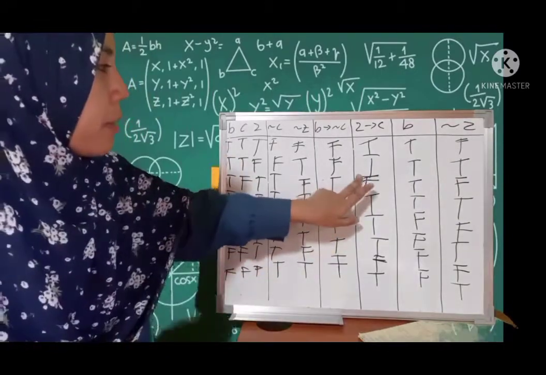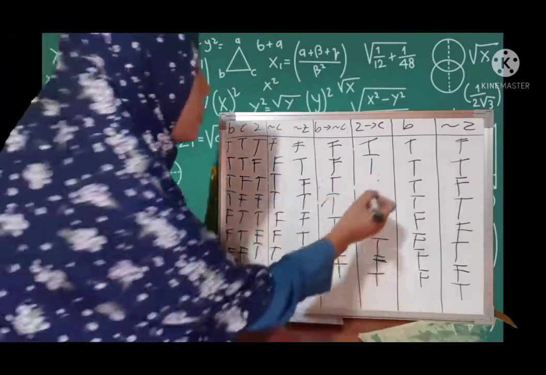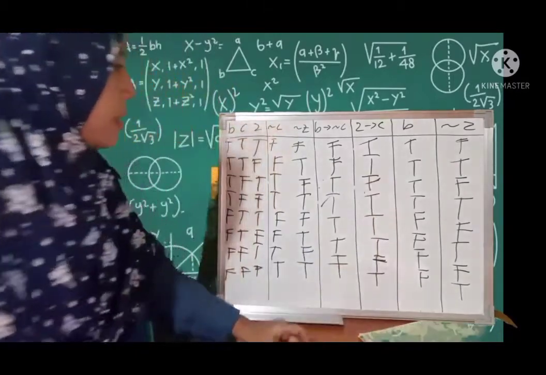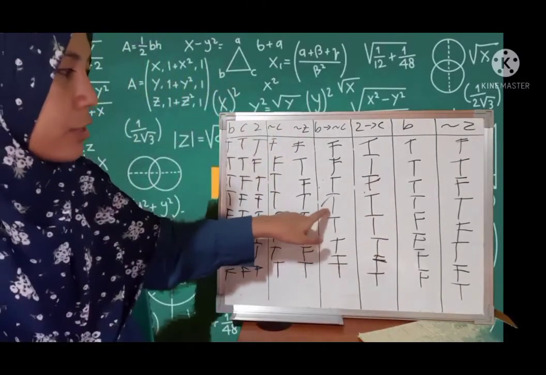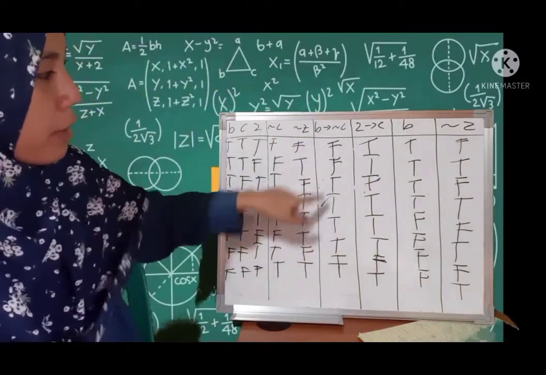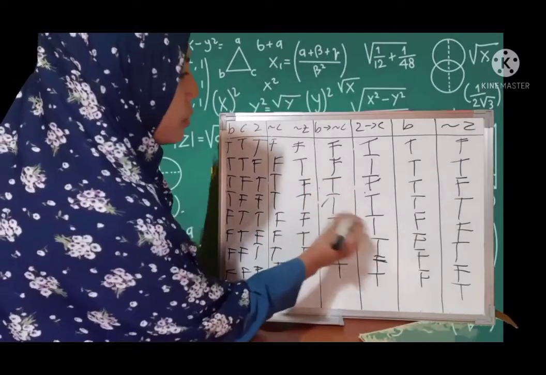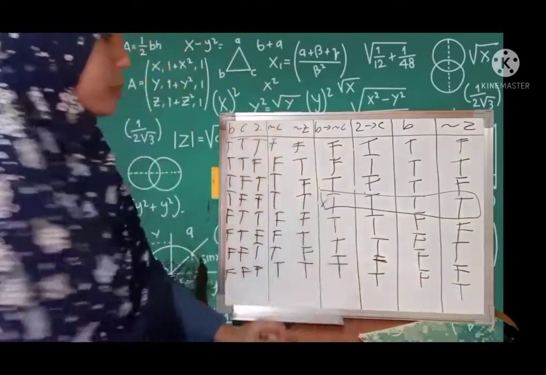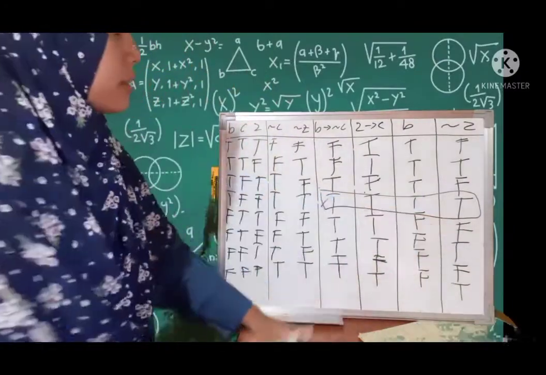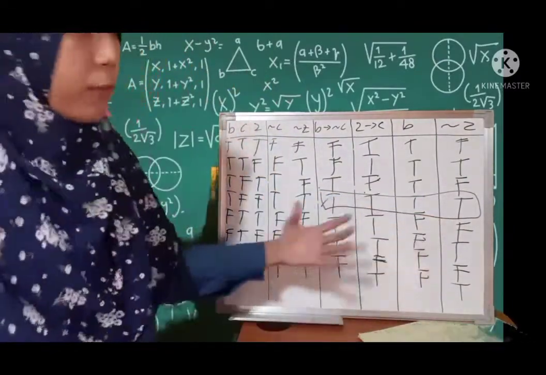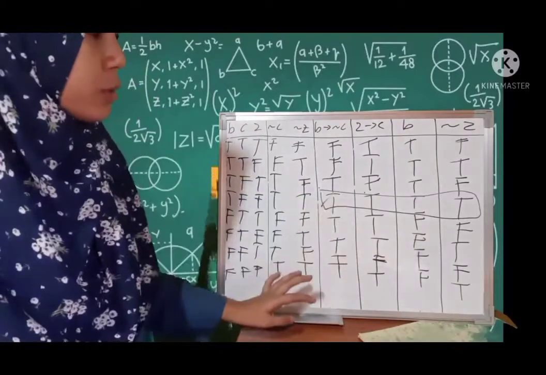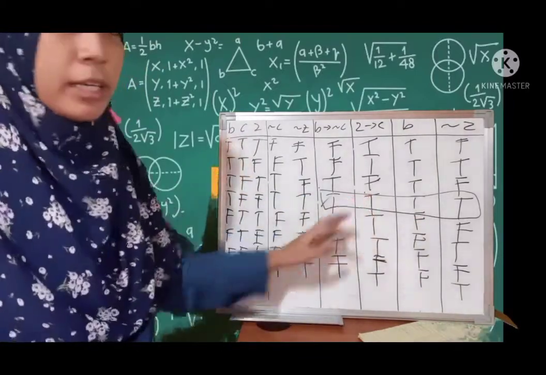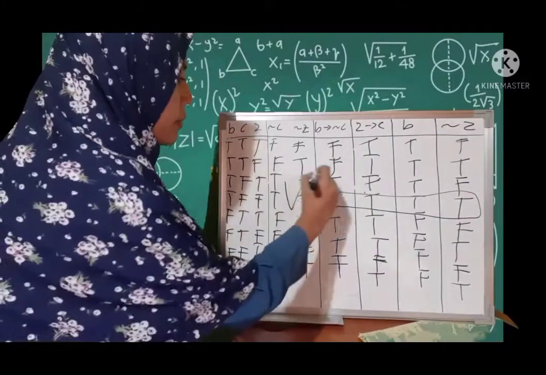Hindi pala tayo makakapag-base dito kasi akala ko true, pero false pala yan. So, sa fourth column lang tayo makakapag-base kasi meron siyang true, false, true na row. So, since true yan sila lahat at wala siyang false na result, magiging valid to siya.